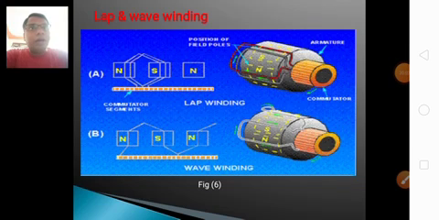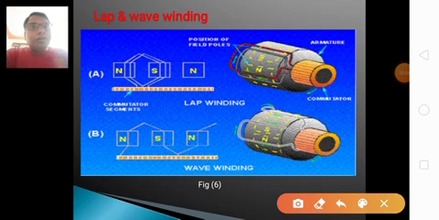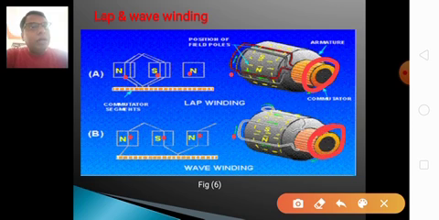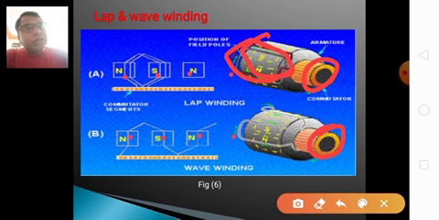This is the lap winding and wave winding. See here, these are the poles: north pole, south pole, north pole, south pole, like this. In this diagram, this is the commutator, this is also the commutator. Here it is lap winding. One coil is placed in the same limb, so it overlaps.